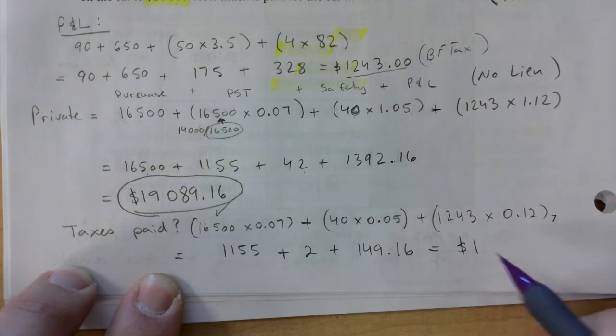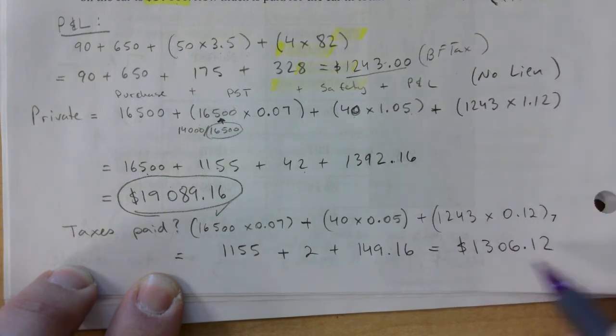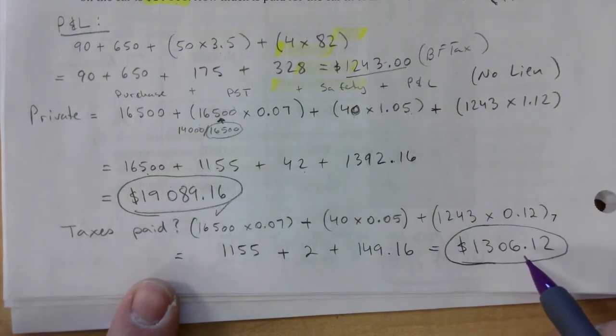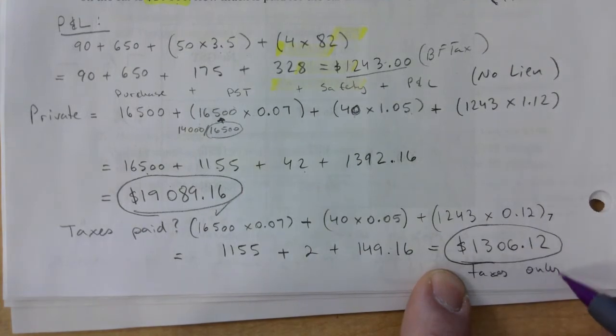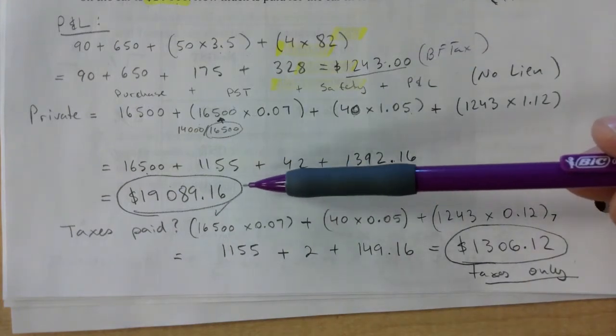And so the total taxes paid in this case would be this. Taxes only, okay? That's just an aside. That's an extension to what we've just done, right? Most of the time the question is interested in the total paid.